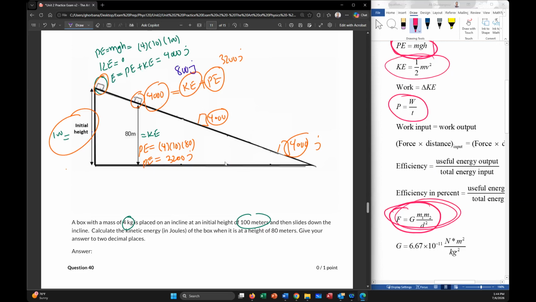The total energy on the top is 4,000. When it's on the 80 meter, it should be 4,000. We use 80 meter to calculate the potential energy, which is 3,200. How much energy is lost through the kinetic energy? So 800. Yes.